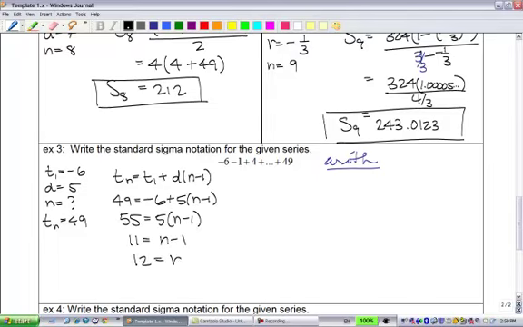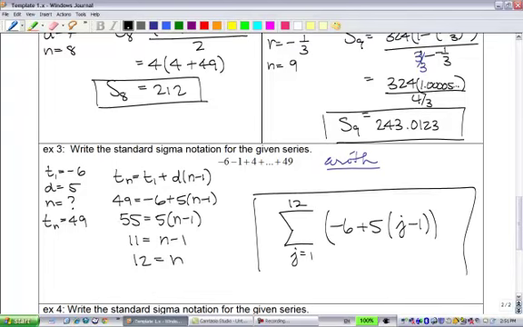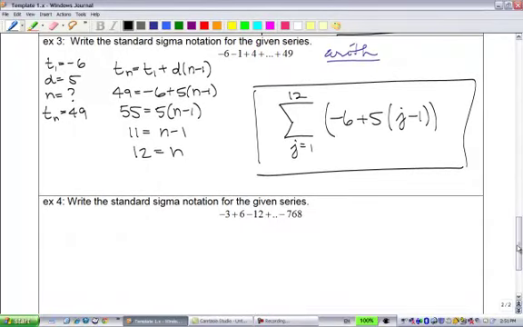So there's 12 terms. Sigma notation for arithmetic is fairly straightforward. We're just going to start with j equals 1 up to n, which is 12. The first term is negative 6 plus 5 times j minus 1. So certainly arithmetic.